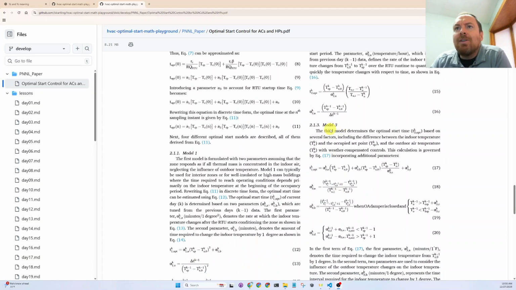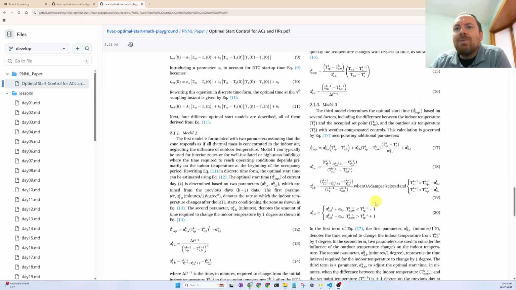Okay, so we're getting into Model 3, which is a little bit fancier math. This one requires some linear algebra or matrix algebra and multiple regression.